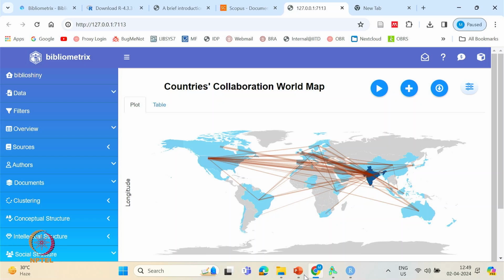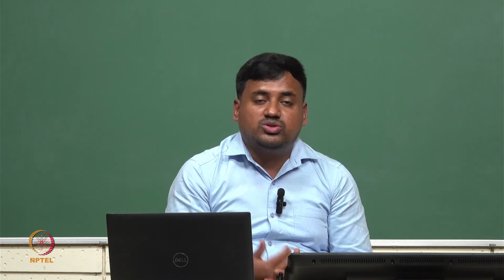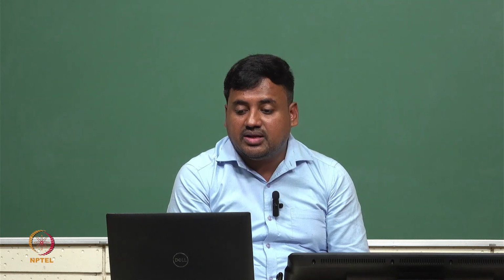We imported the data in the bibliometrics tool, and we have seen analyses like year-wise production, prolific authors, number of sources, number of references, and also the top citation analysis, like the most cited papers. We also saw the country collaborations, especially collaboration networks, using this bibliometrics. Clearly, one can use this as a tool for doing the entire research analysis.